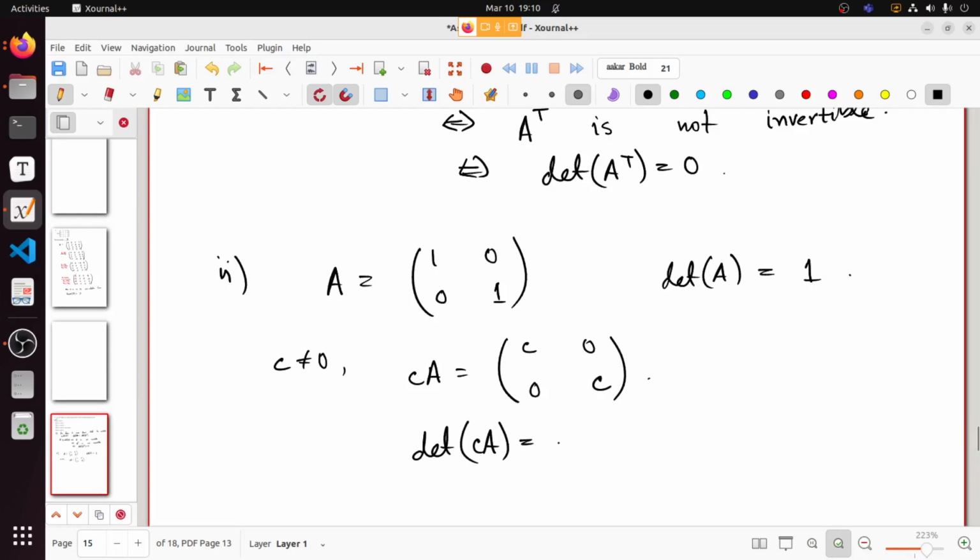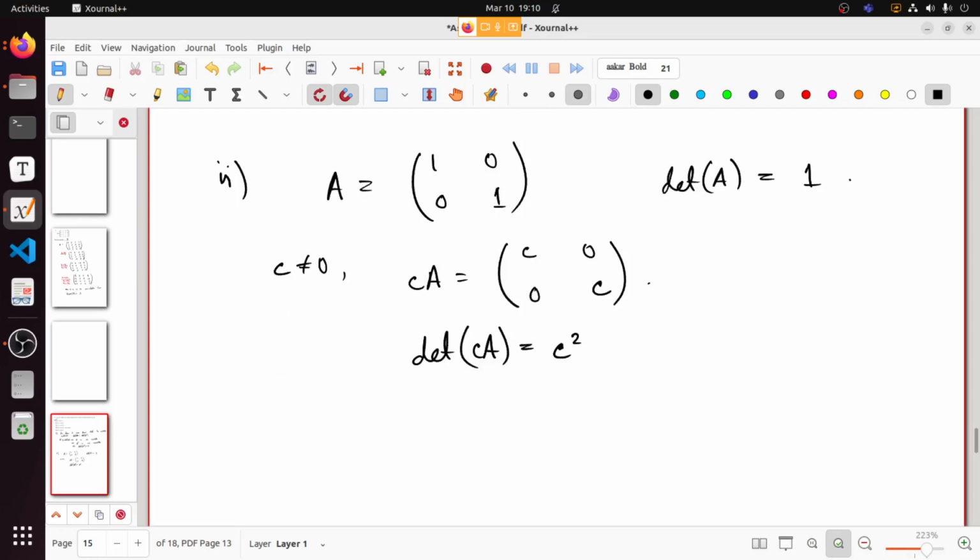It will be C square, right? And what is C times det A? It's C. So these two are not equal, which implies determinant of CA is not equal to C times determinant of A.